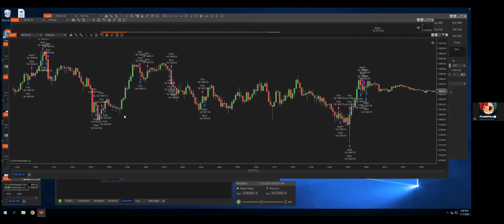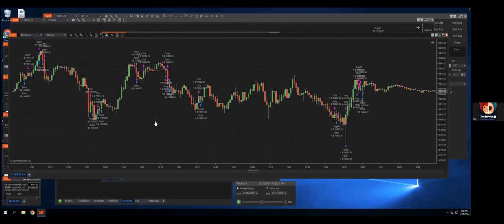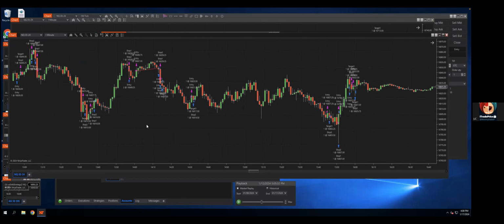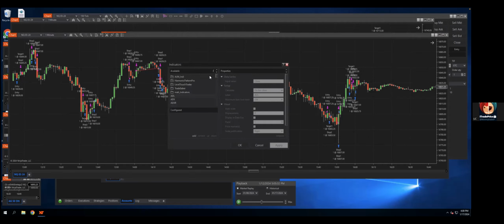We don't have good direction. It looks like these are sideways. Yep, exactly. So these are probably those trades. If I put on some moving averages, those are probably where we would see price starting to move directions.